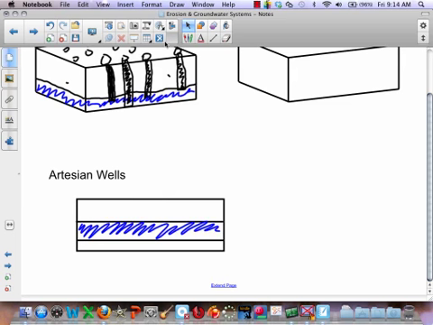With an artesian well, it's very similar. You have the water, the zone of saturation, completely squeezed under a whole bunch of pressure. And all you have to do is drill and poke that surface. As soon as you break that surface, what happens to all that water? It starts rushing out.